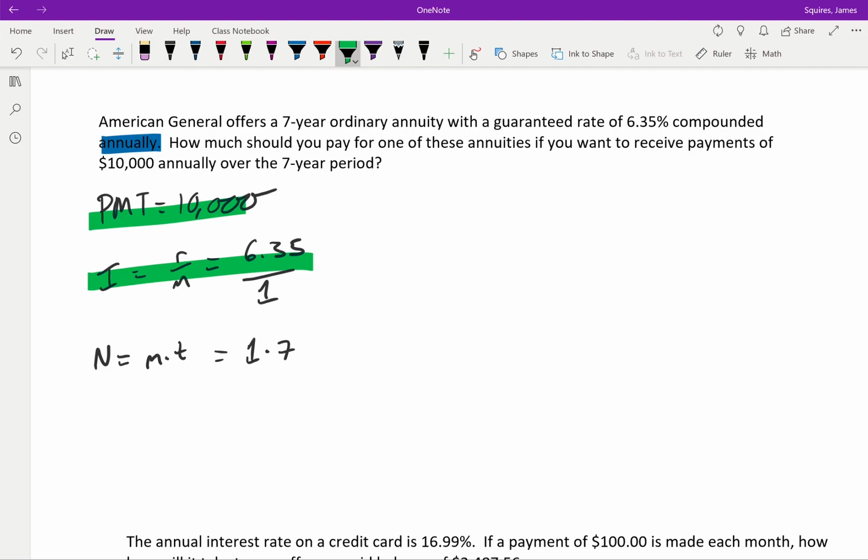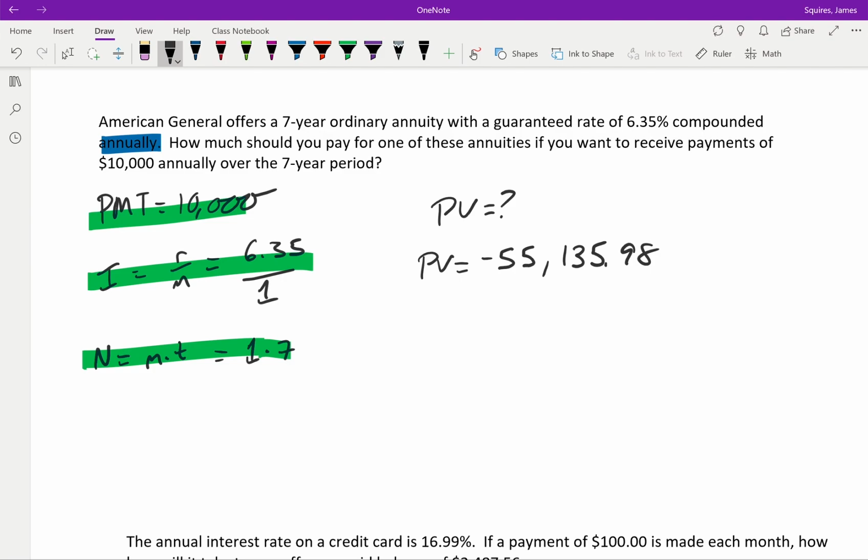We have our payments, we have a per period compounding interest rate, and we have the number of payments we're going to be receiving. And then we can calculate for the present value. In this case, the present value equals negative $55,135.98. So we would have to pay $55,135.98 in order to receive $10,000 every year for 7 years.